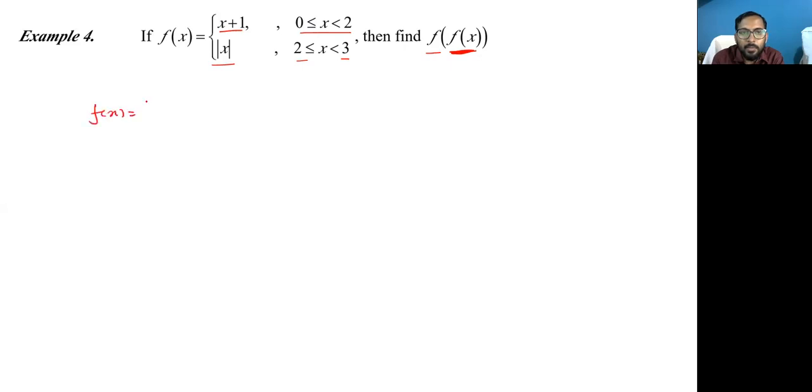f of x is equal to x plus 1 for x belongs to 0 to 2, mod x for x belongs to 2 to 3. So for 0 to 2, we have x plus 1 and the range is from 1 to 3.